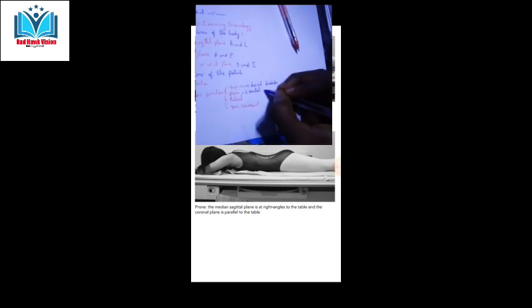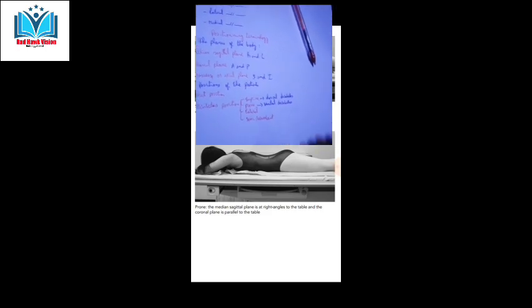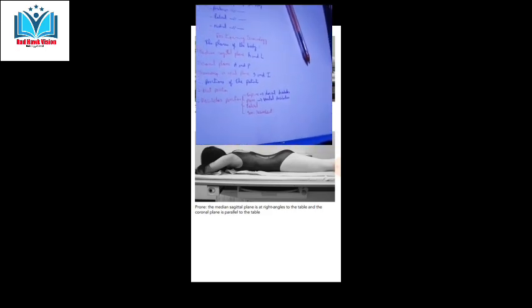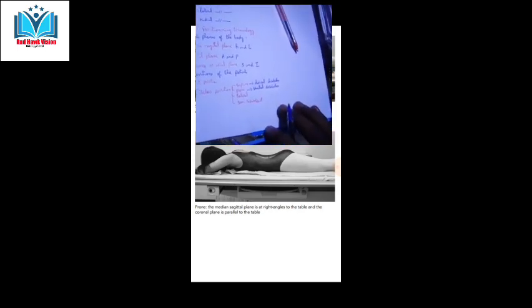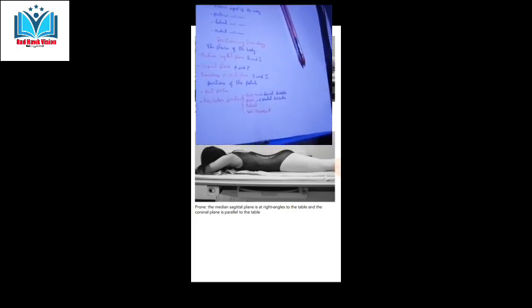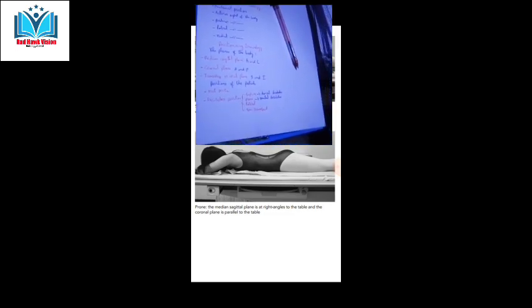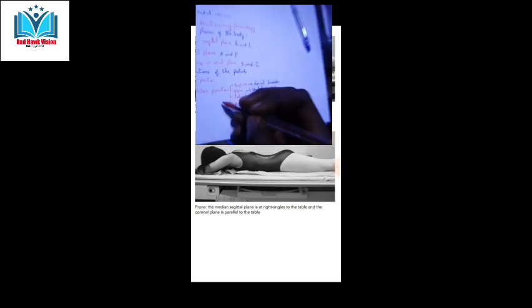Prone means ventral decubitus. Lateral means simply on the side, the patient lying on the side. Semi-recumbent is when the patient is reclining partway between supine and sitting erect with the posterior aspect of the trunk against the cassette. That's what we call semi-recumbent.